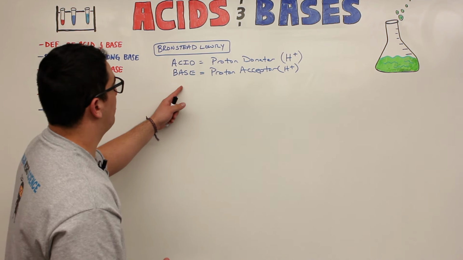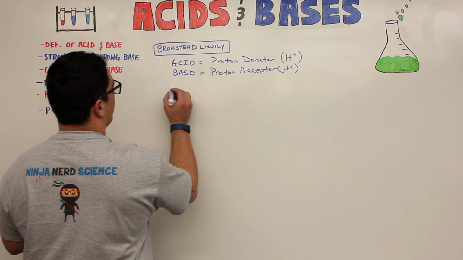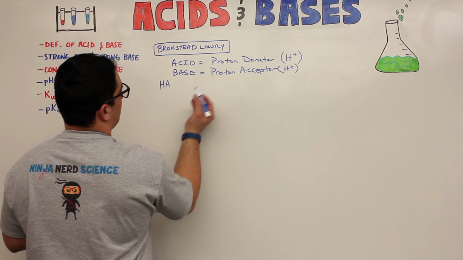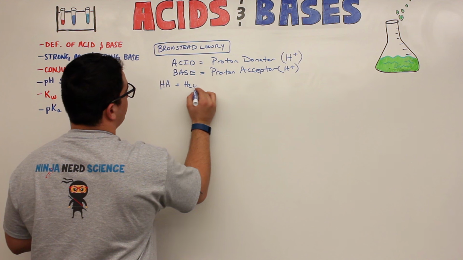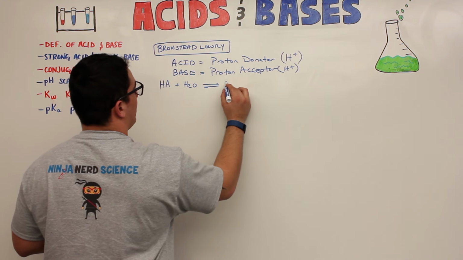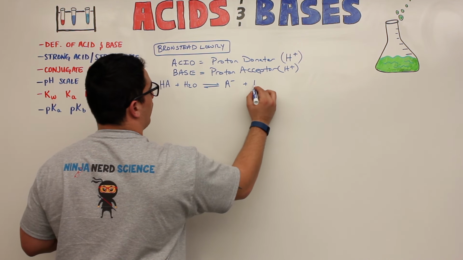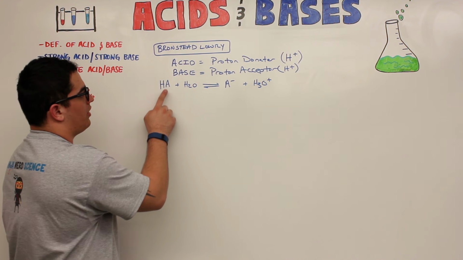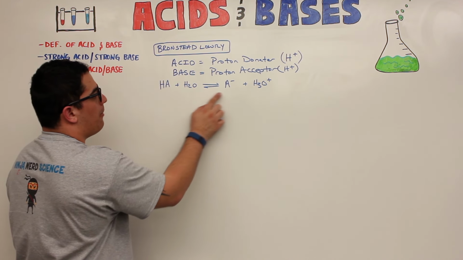So for example, if I were to draw right here, let's say HA plus water yields two products. Let's say one of them is A negative and the other one is H3O plus. Based on this definition of Bronsted-Lowry, what happened to this HA?